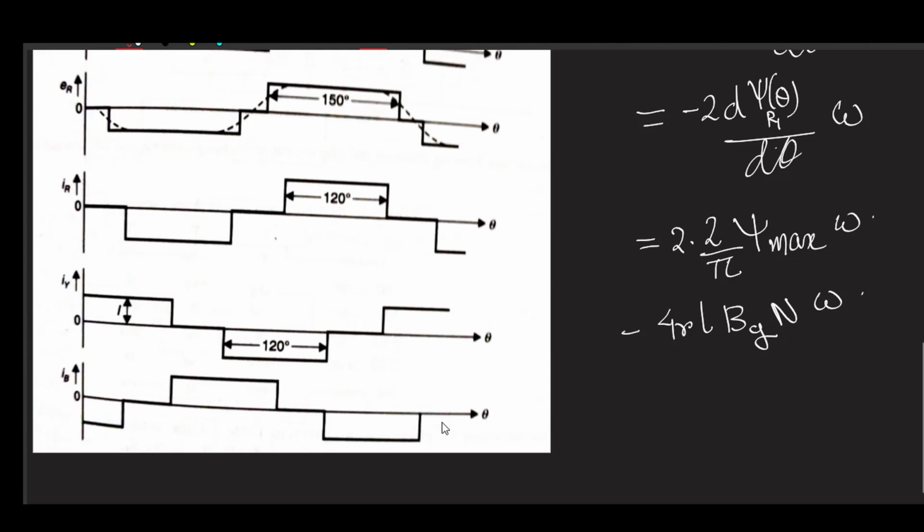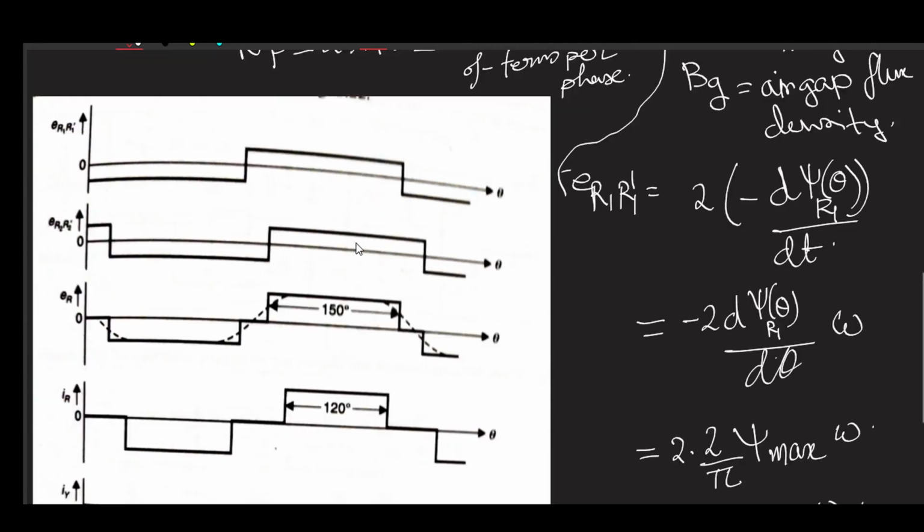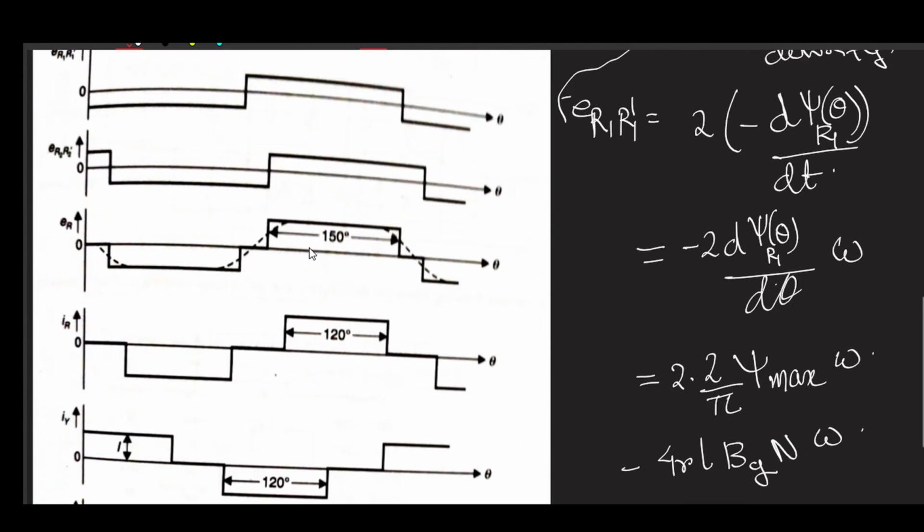Now it is also very clear that at any instant two phases are carrying the current. This is the beauty of 120-degree conduction. Only two phases are carrying the current.